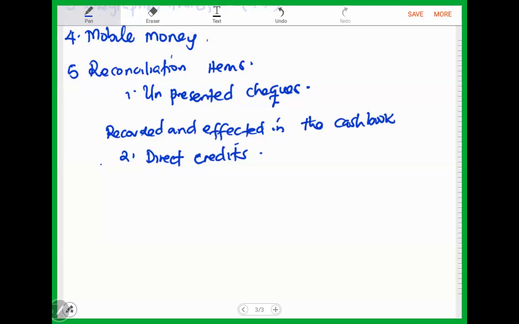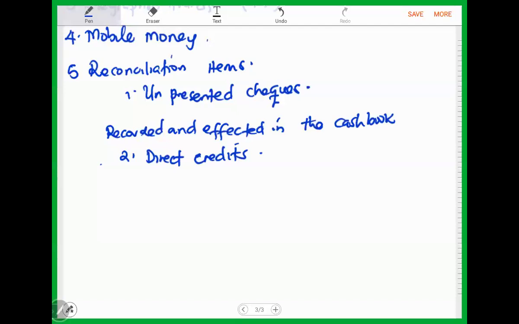For example, you students, some of you normally deposit money on our account directly. You deposit money on our account directly, but as long as we have not reconciled that money, as long as you have not told us that you have paid, sometimes it's not going to be very easy for us to know that it is so and so that paid money.